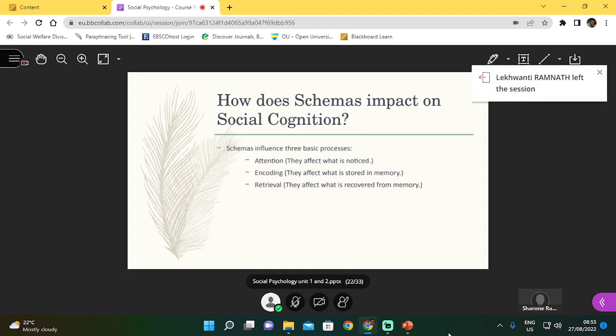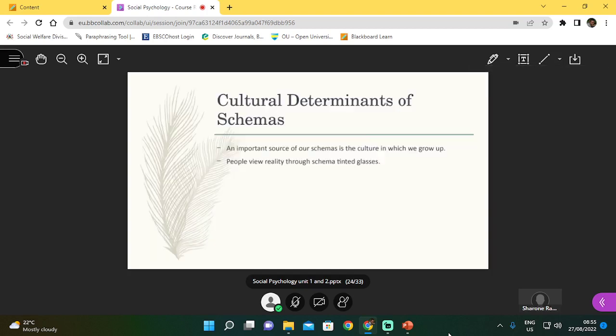We spoke about attention, encoding, retrieval. We've already spoken about all of those, right? We reached the point of automatic and control thinking.